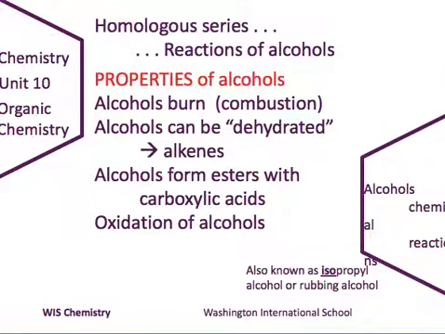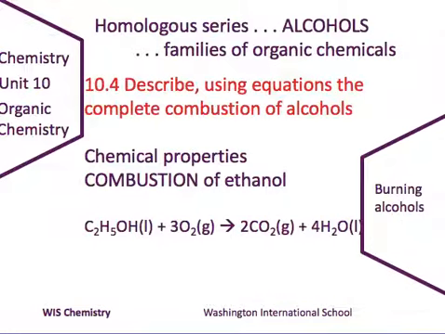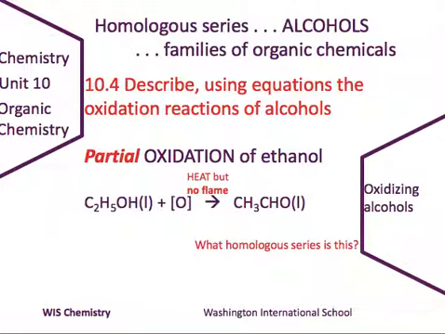And we're going to look at several properties of alcohols: combustion, dehydration, esterification, and oxidation. I'm going to start off with combustion. This one here is where you've got atmospheric oxygen and burning the alcohol, here the equation with ethanol.